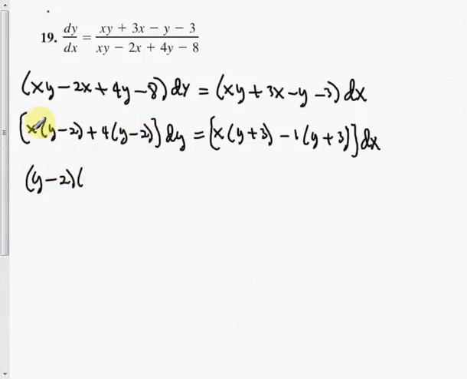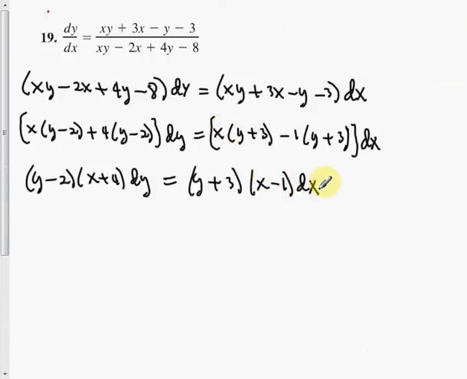We have left x plus 4 times dy is equal to, you can factor on the right side, a y plus 3 is common. We have left x minus 1 times dx. So now I want to separate the variables.